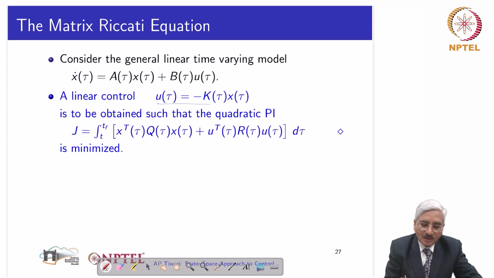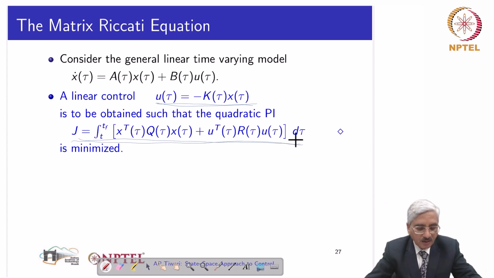and we have to design the control u(tau) equal to minus K(tau) x(tau), and it is to be obtained such that the quadratic performance integral, this we saw a little while back, is minimized.